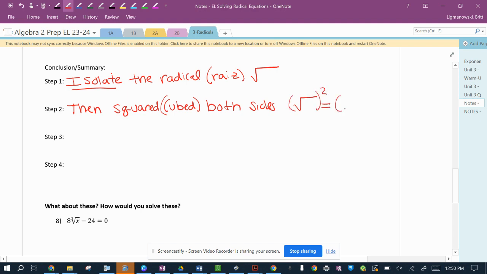So we would square both sides. Then we solve for x. And then we always check our answers. So these are the general steps we're going to follow when we're solving radical equations.